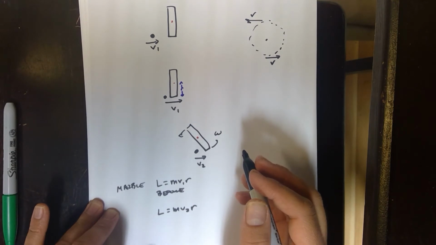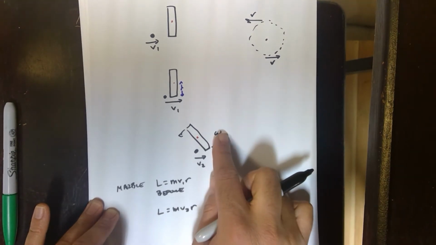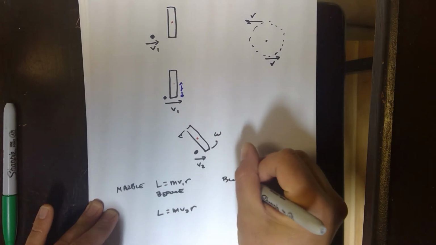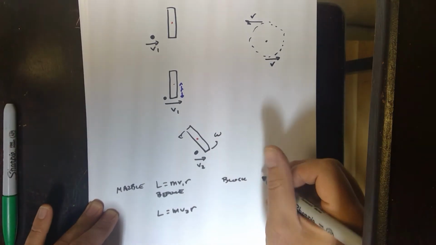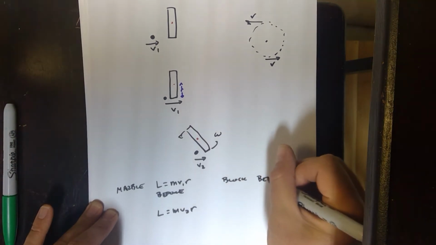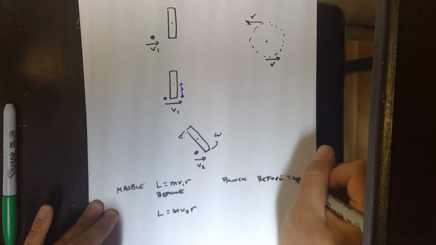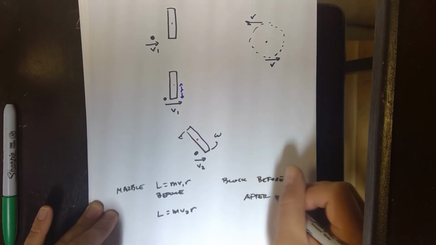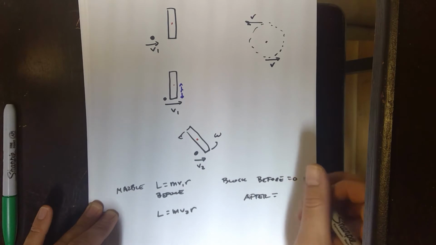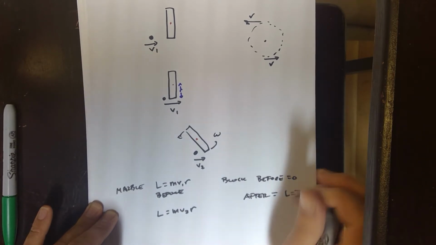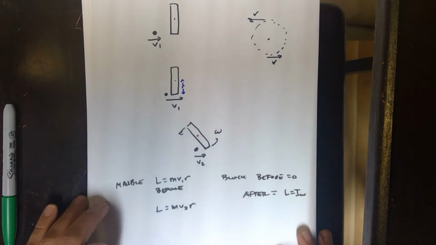And now this thing is rotating here. So if we look at the block itself, obviously the angular momentum before is 0. It's not doing anything. But after, it's simply going to be equal to I omega, where I is the moment of inertia of the block.